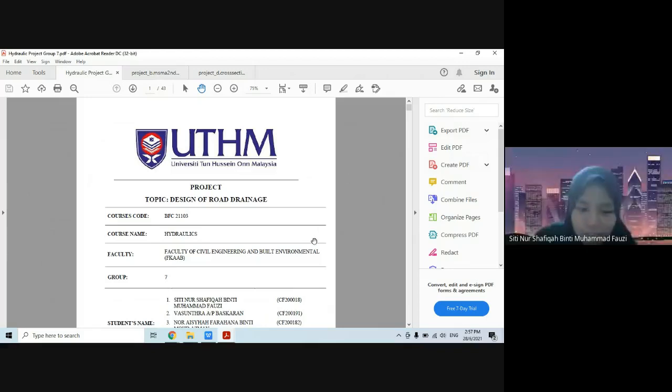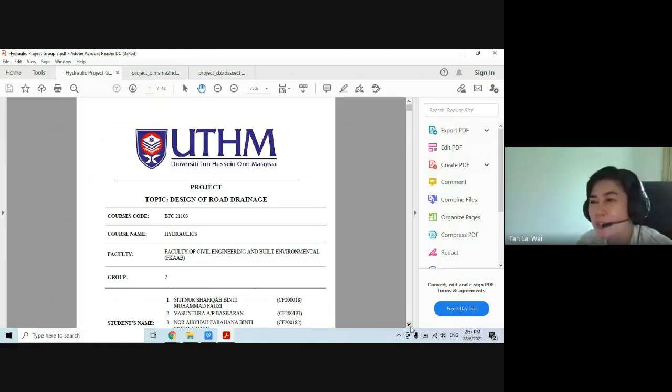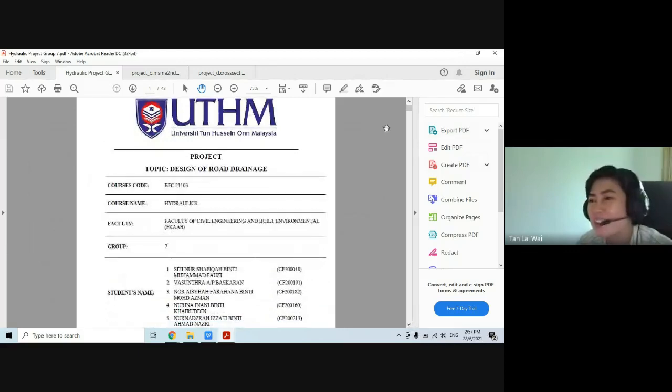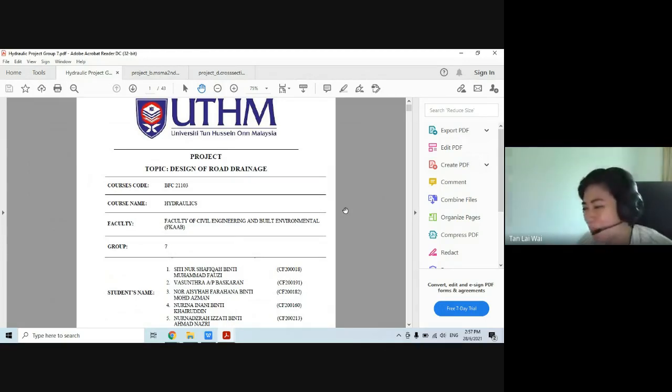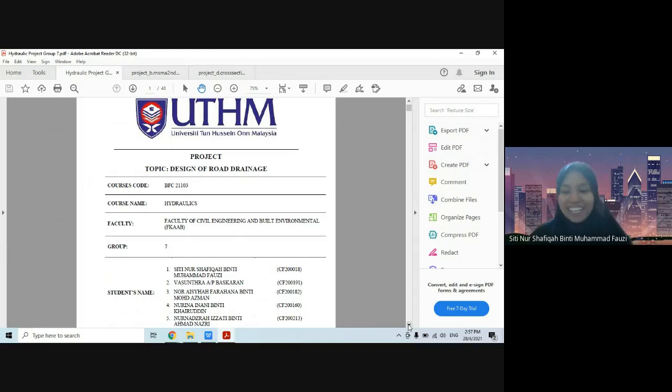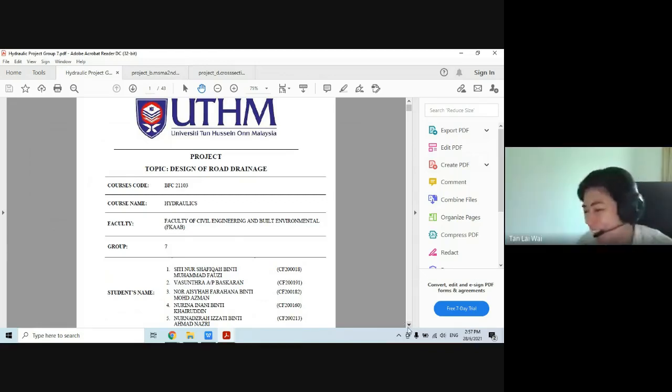Yang drawing yang mana, doktor? Yang untuk tentukan arah aliran, tentukan size. Saya. Okay, right. Banyak nak buat benda tu. Tapi bincang jugalah dengan yang lain. Okay, inilah waktu saya tengok siapa yang bincang, siapa yang tak bincang.